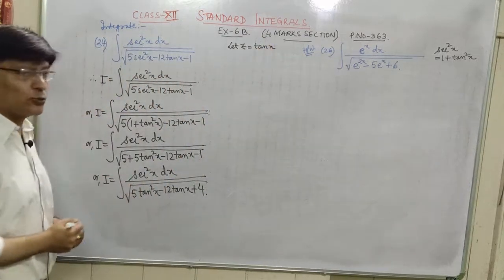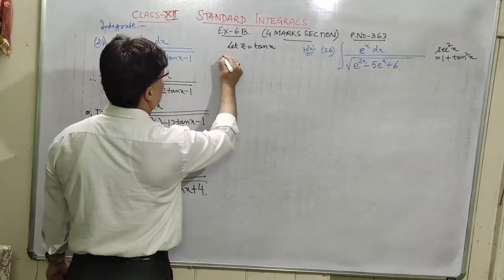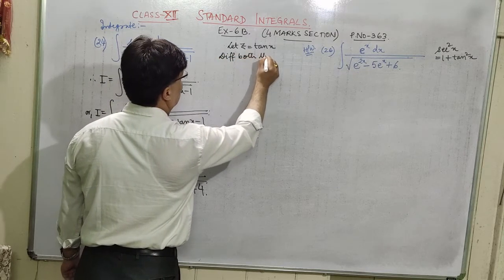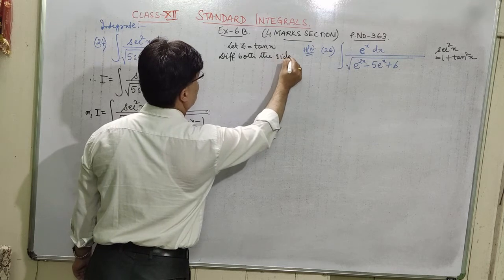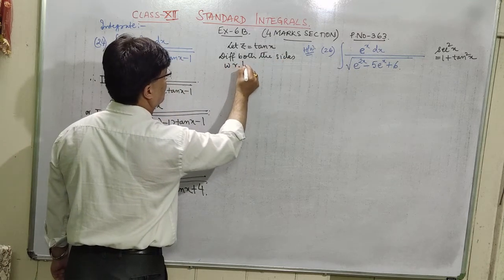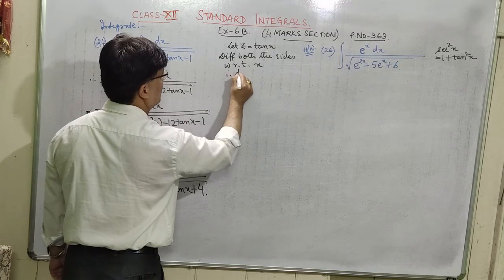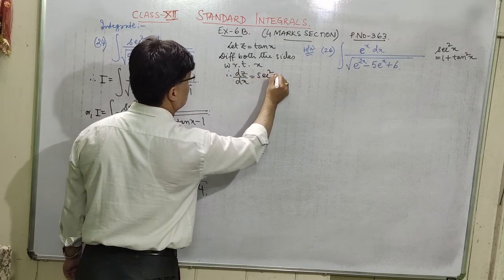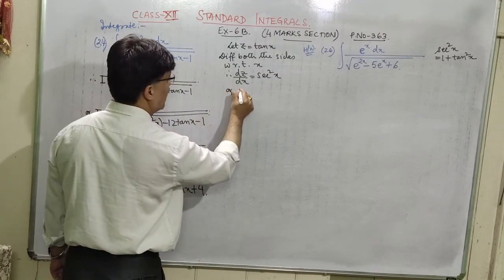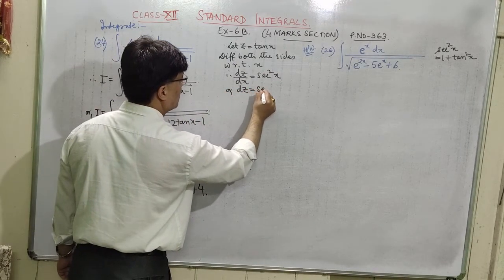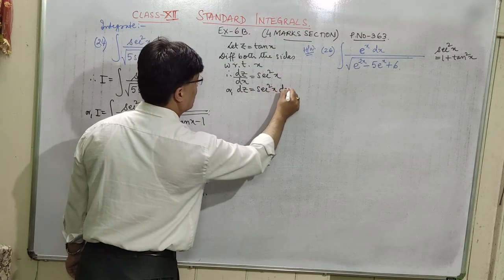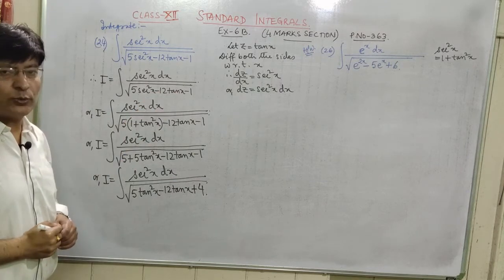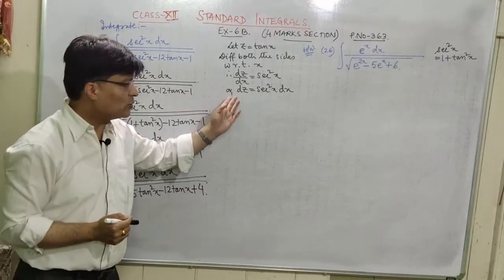Differentiating both the sides with respect to x, what do we get? dz by dx is equal to sec square x. Now cross multiply. So dz is equal to sec square x dx. That means we are getting the numerator, sec square x dx, which is equal to dz.